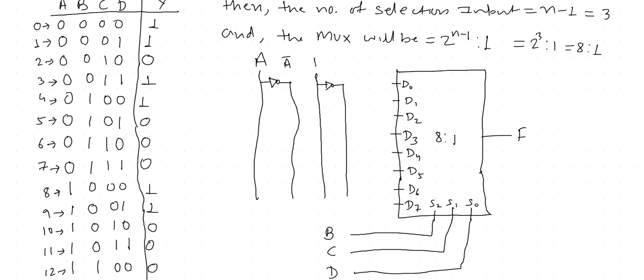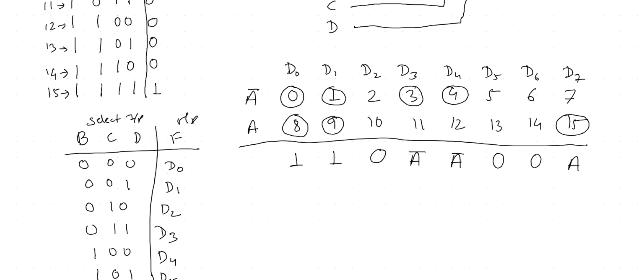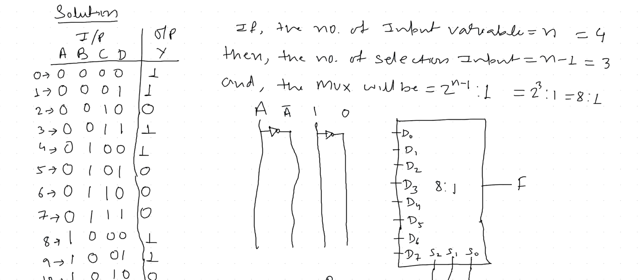Okay. So first for D0, D0 will be 1, D1 is 1. So D0 and D1 will be connected with one line. Your D0 will be connected with 1. D1 is also connected with 1, as we can see from the table.